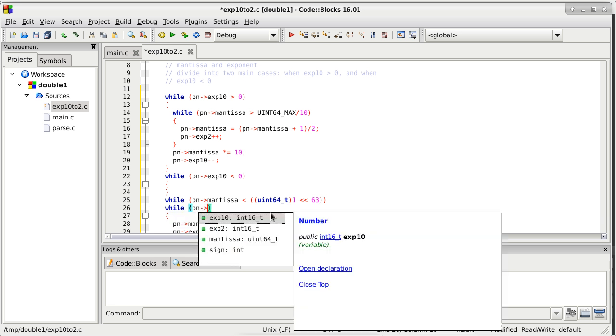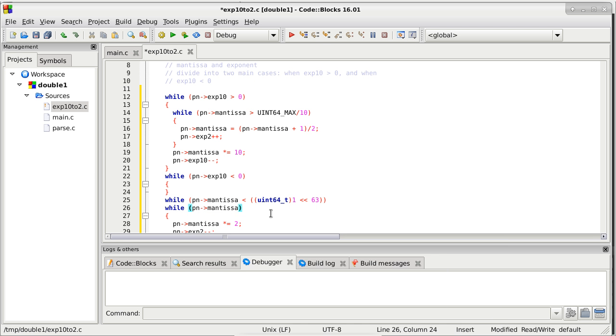The other way is to look at the mantissa the other way around. You shift it 63 times to the right, which means the most significant bit is now bit 0. And now you just say, actually, the syntax is very simple.